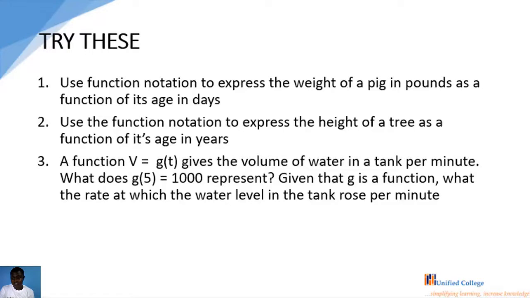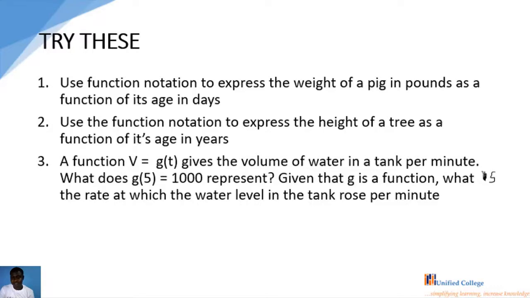But I have at the last page: given that G is a function, what is the rate at which the water level in the tank rose per minute? This also is a very simple question.